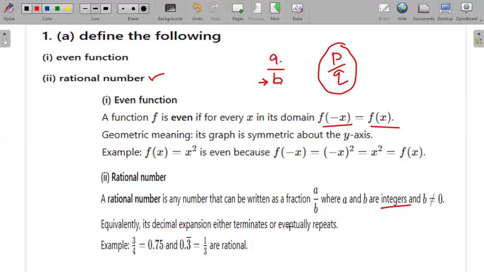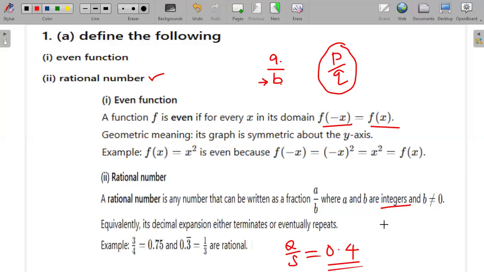When you take their decimal numbers, for example, 2 over 5, when I put it on the calculator, it's going to give me 0.4. So the rational numbers have decimal numbers that are either terminating or repeating.